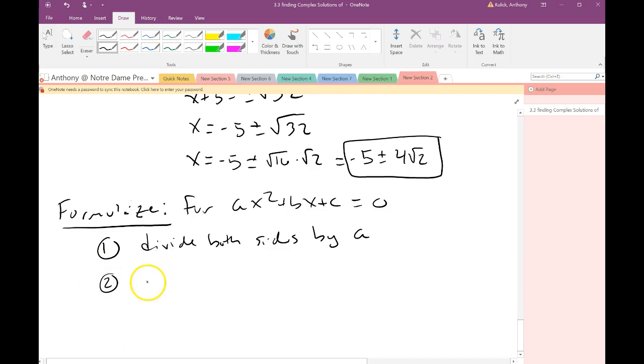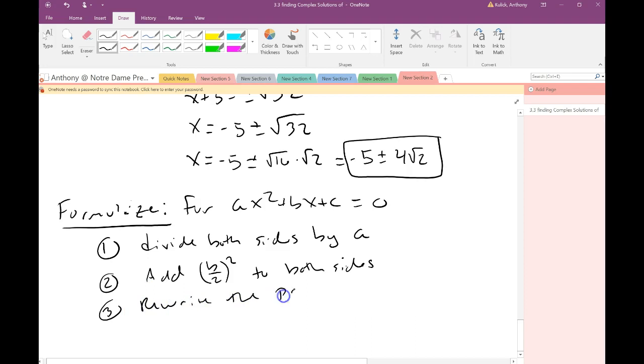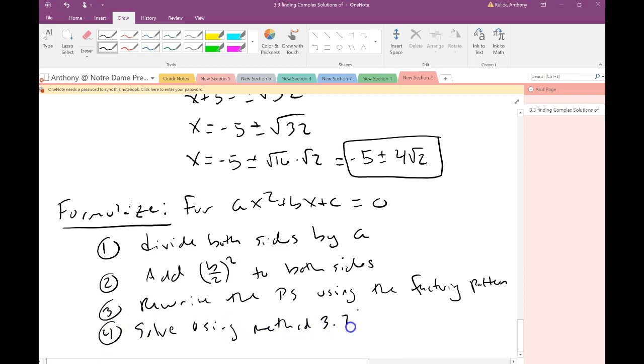Step 2, we're going to add b over 2 squared to both sides. Step 3, rewrite the perfect square using the factoring pattern. And step 4, solve using our method from 3.2.